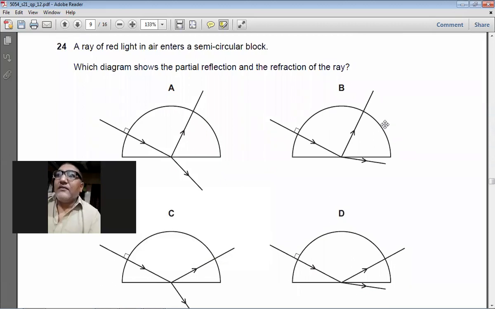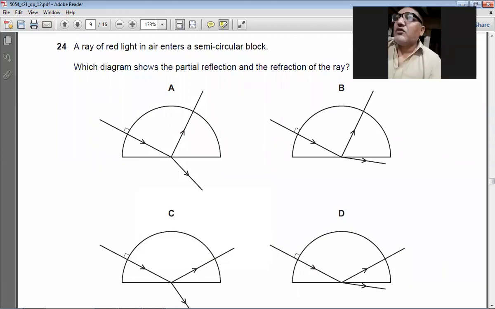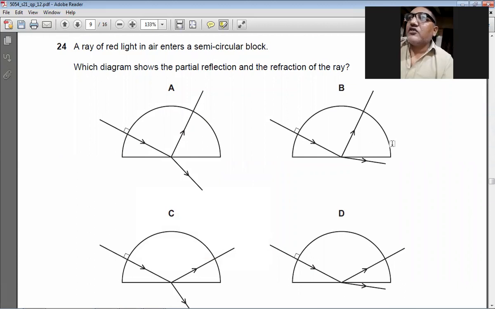Here we have question number 24 coming up on your screen. It says a ray of red light in air enters a semicircular block. Which diagram shows the partial reflection and the refraction of the ray?